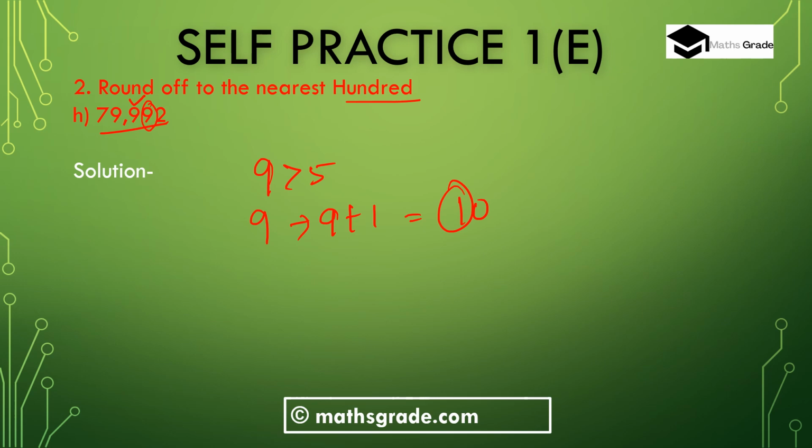So just add 1 to the thousand place digit. Here the thousand place digit is 9. So 9 changes to 9 plus 1. 9 plus 1 is 10. Here in 10, 1 is carry over. So add the carry over 1 with the 10,000 place digit, that is 7. The 10,000 place digit 7 changes to 7 plus 1. 7 plus 1 is 8.